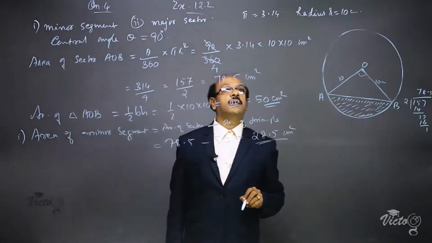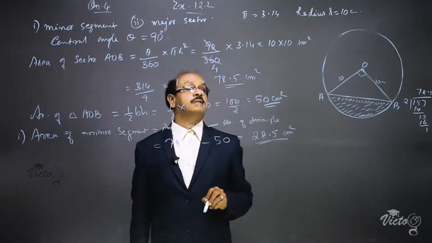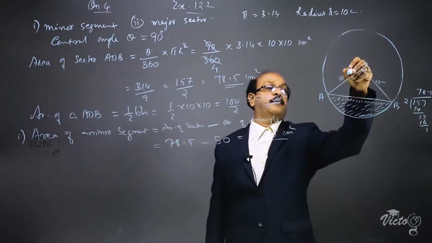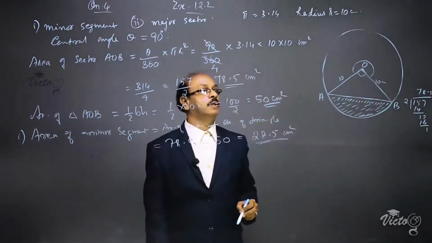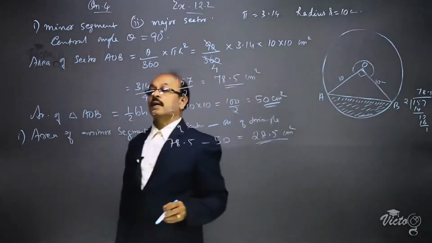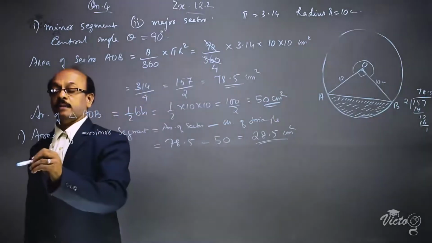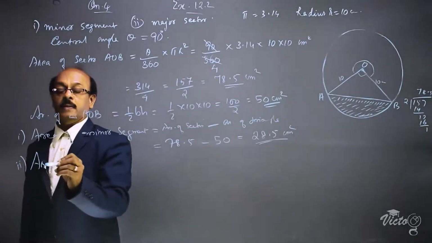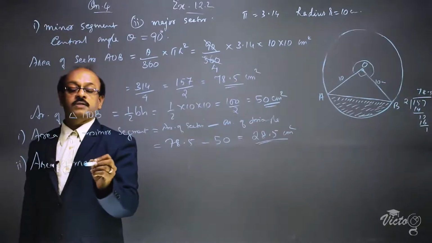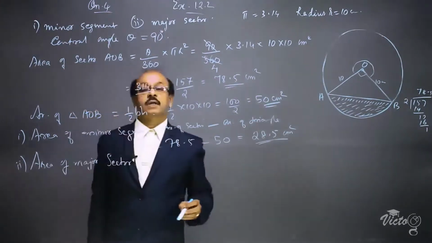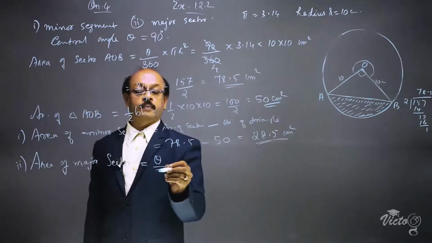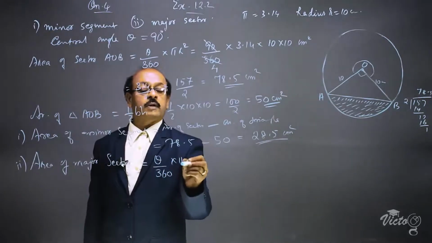Now we have to find out the major sector. Major sector means the sector having angle 270 degree. The second part is the area of the major sector. Same formula, theta by 360 into pi r square.